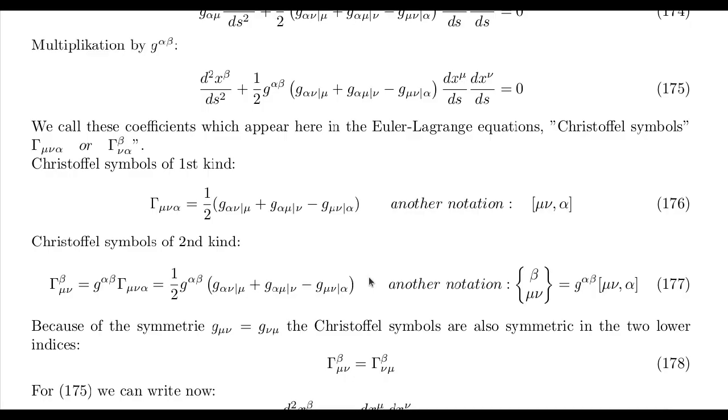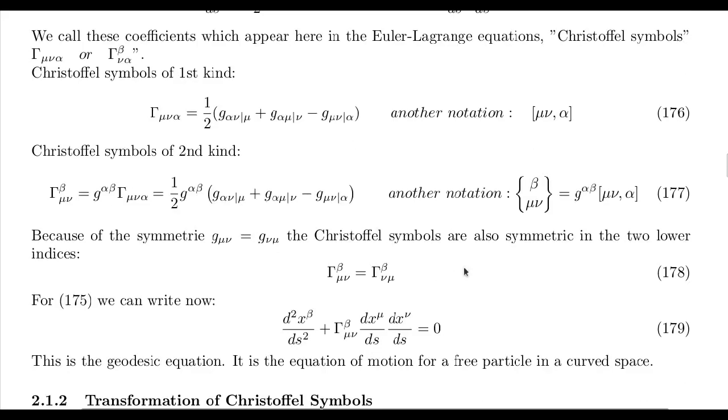Or here we find, especially in older literature, another notation with the braces here. Beta, mu, mu. And because of the symmetry of G, there is a symmetry of the 2 covariant indices here of gamma. Means here 178, that is true.